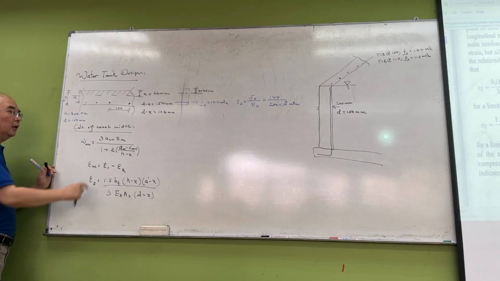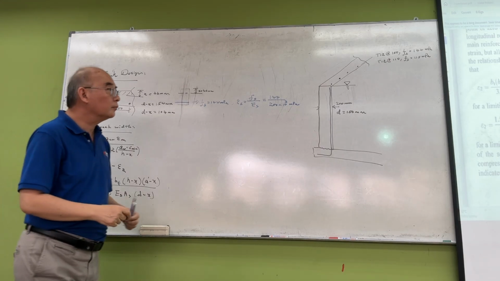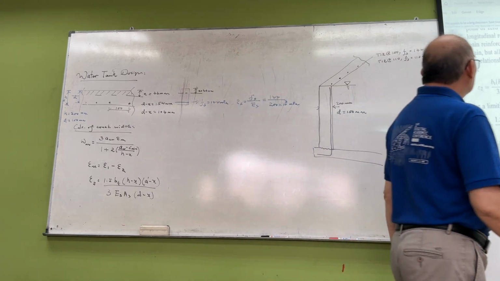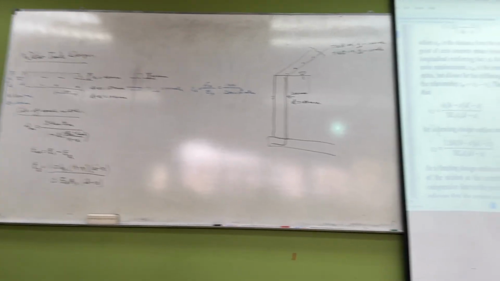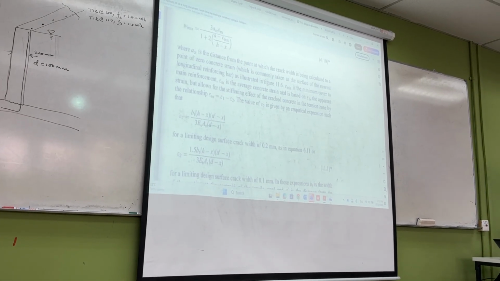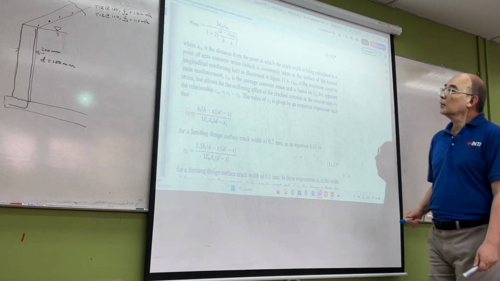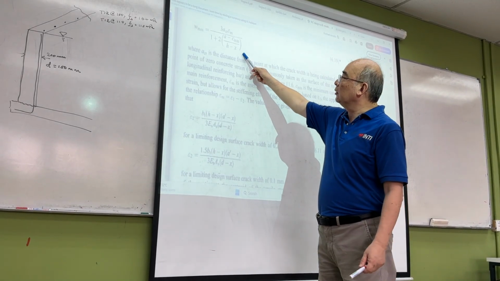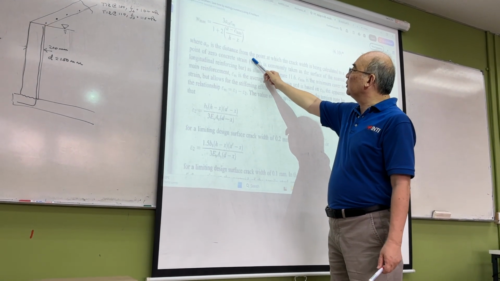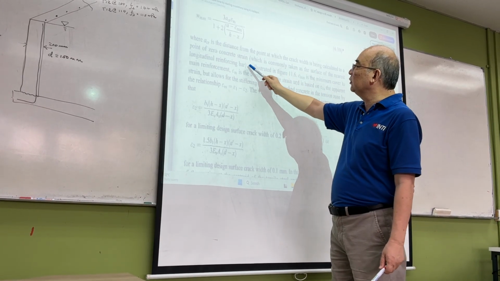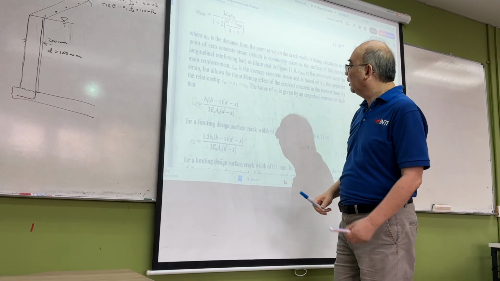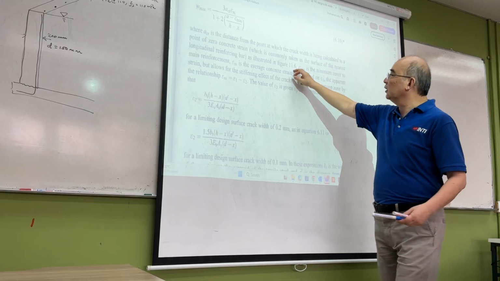What is A crack? In the book, we are using this formula. A crack is the distance from the point at which the crack width is being calculated to a point of zero concrete strength, as illustrated in figure 11.6.